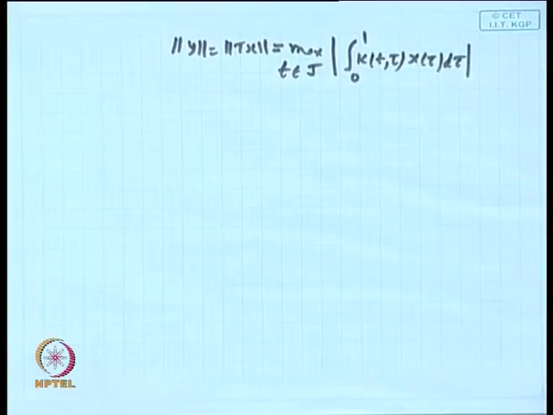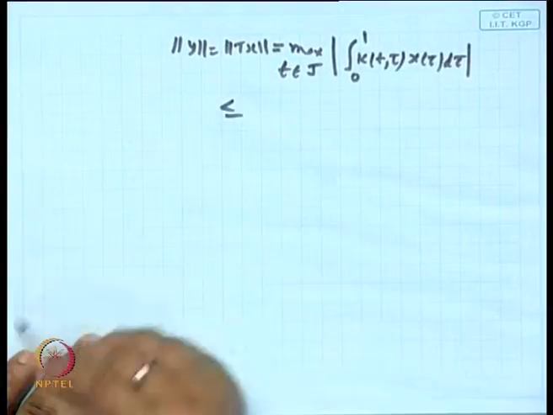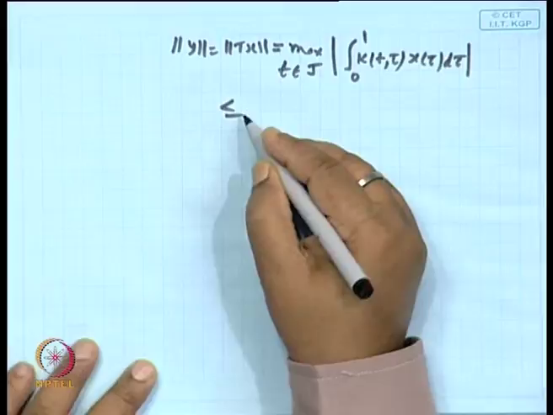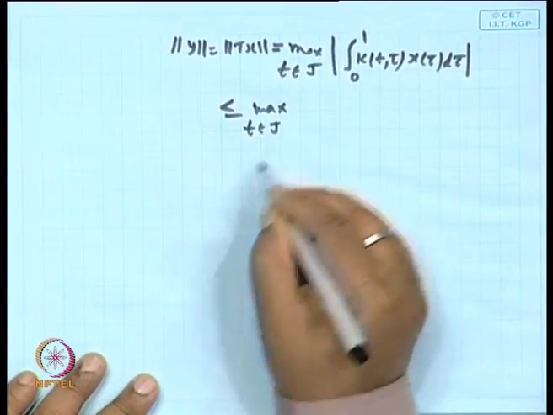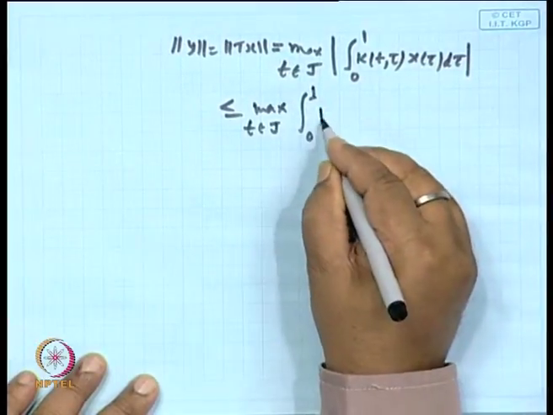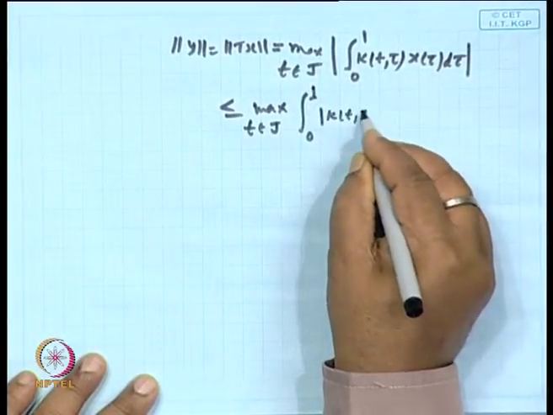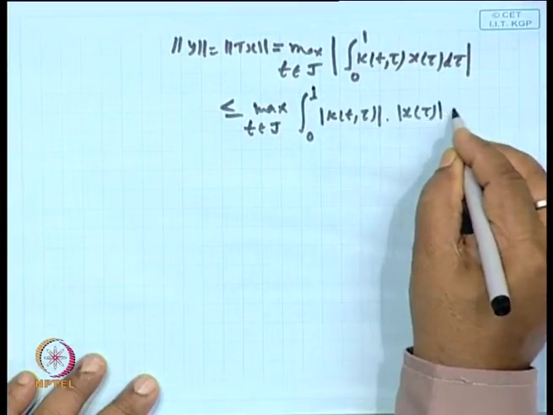Using the modulus inside, it will be less than or equal to the maximum over t belongs to J of the integral from 0 to 1 of mod k(t, tau) times mod x(tau) d tau.